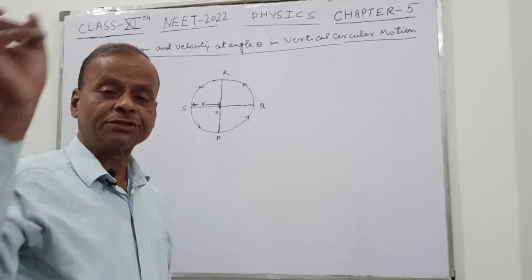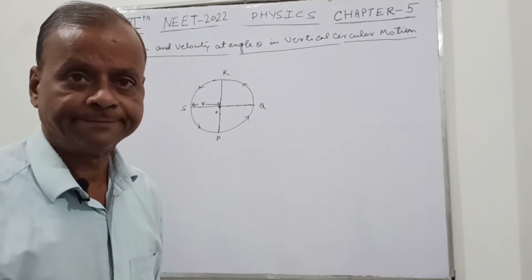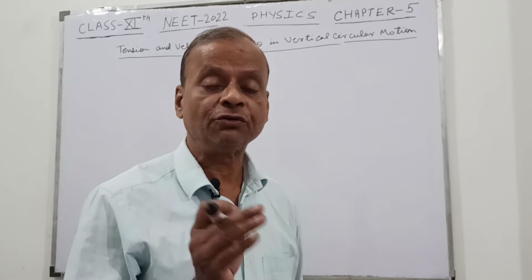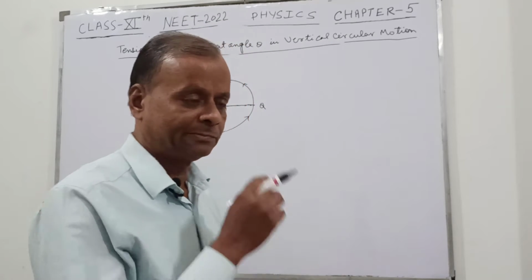When the particle moves in the vertical plane, its velocity is no more constant. So this is the non-uniform circular motion.